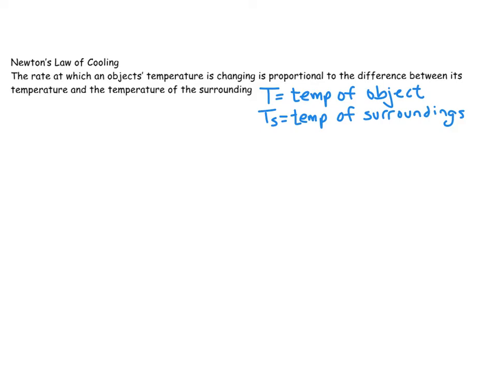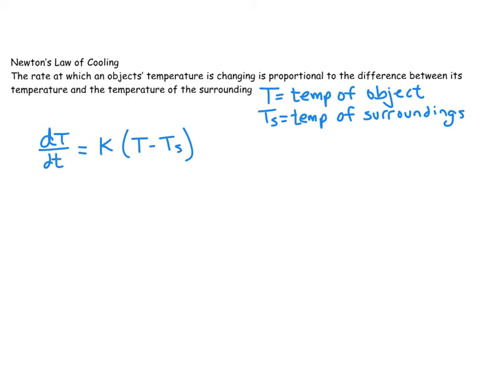The rate at which its temperature is changing is dT/dt, d capital T, dt, and that's proportional to the difference between the temperature of the object, T, and its surroundings, T sub S.